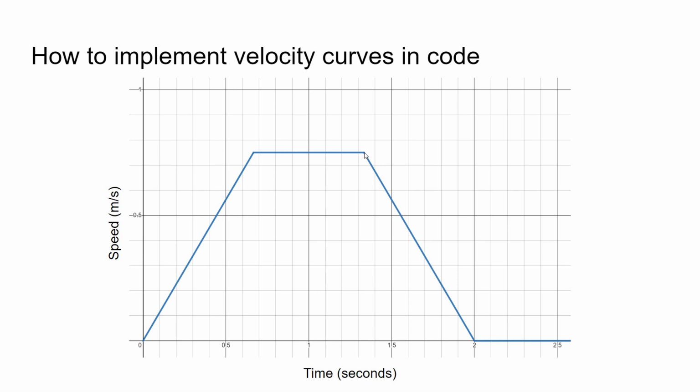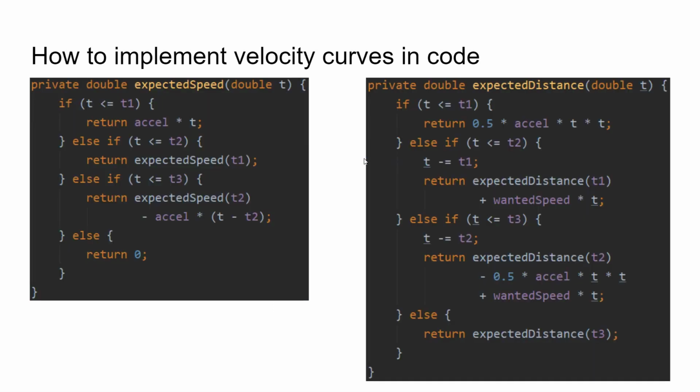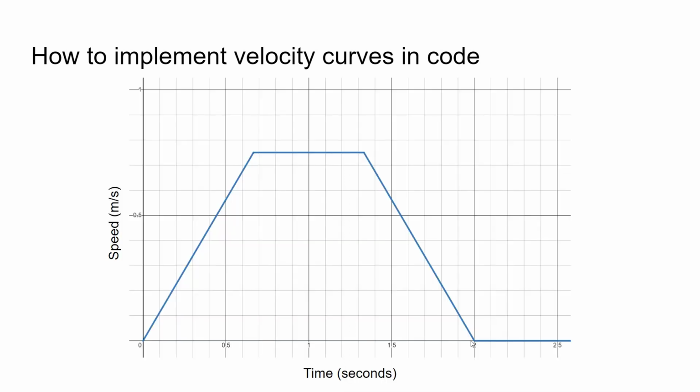So in the context of this segment, this right here is time 0, right? So to make this equal to time 0, we subtract t2 from it. A couple different ways to think about that. Play around with it, figure out what works for you. Just one last thing to mention is once you're past t3, then you're just returning 0 because you should have stopped completely, so you shouldn't be moving.